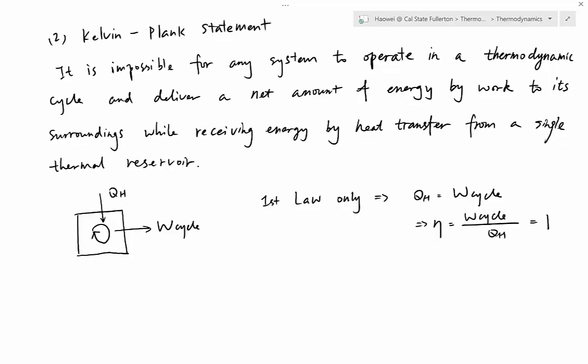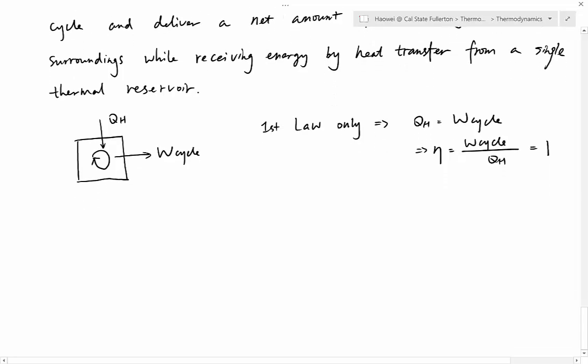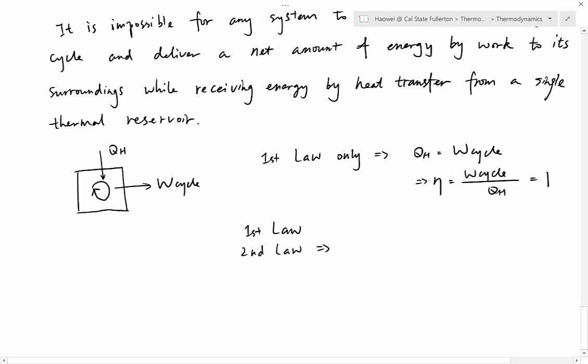Why is that? Because we have to follow first law and second law. What does second law say? Second law says you cannot work if there's only one single thermal reservoir, meaning TH. You have to lose heat to a lower temperature.